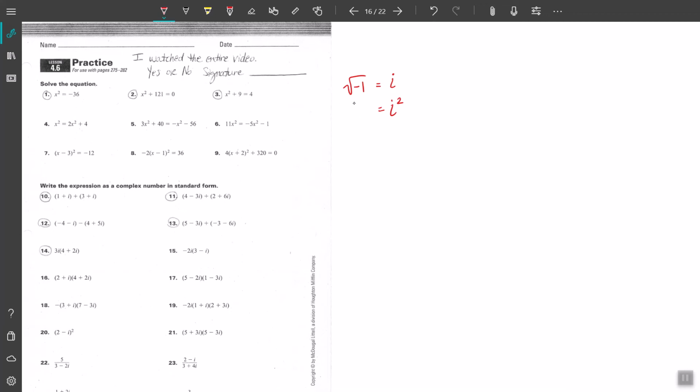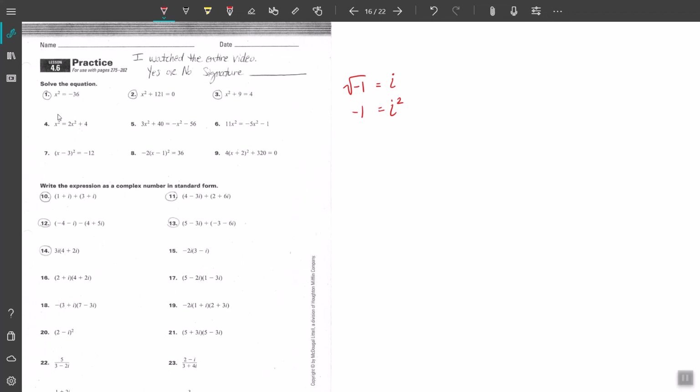I have to square the square root of -1. Well, we know squaring a square root gets rid of both of them, and we just end up with what's under the radical. Okay, so if we square both sides, this is what we end up with: i squared equaling -1.